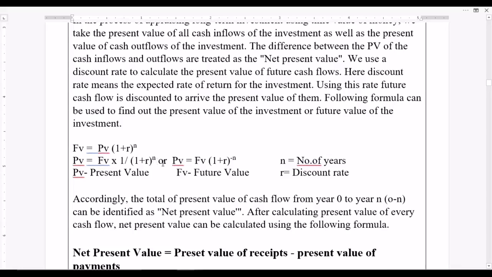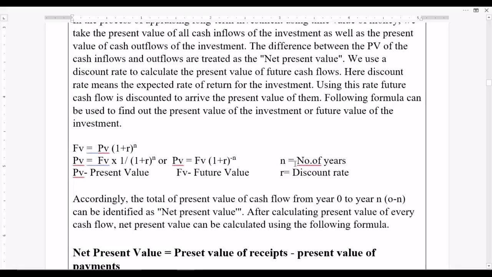Or we can change this formula into present value equals future value times (1 plus r) to the power minus n.